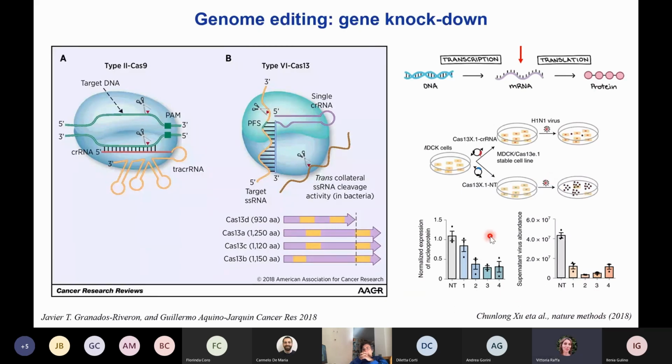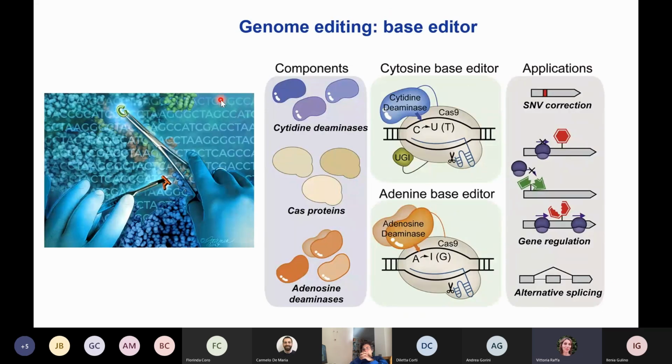Okay. Finally, the last discovery in the field that was really amazing is a new enzyme that, rather than cutting the DNA, can replace the base. So they can replace one cytidine with a thymine, and they can replace one adenosine with one guanosine. So they are replacing the base.